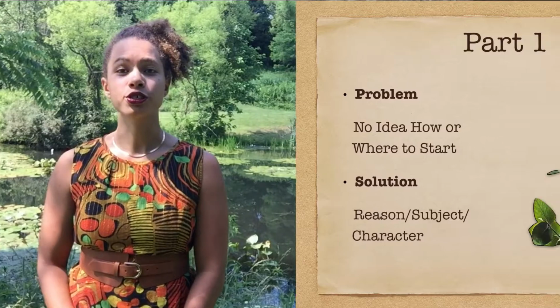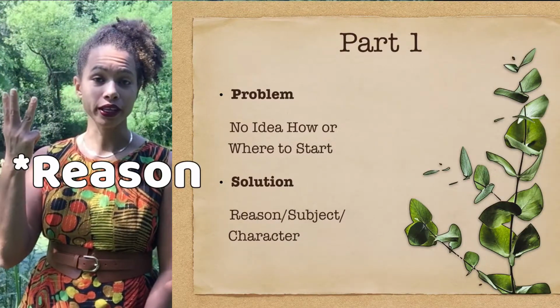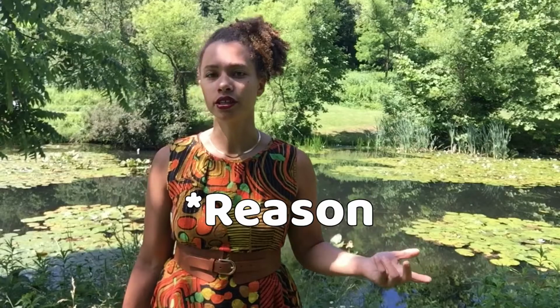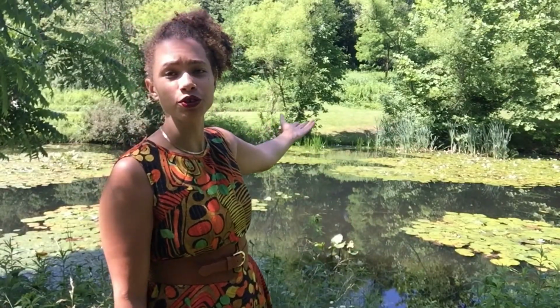How do we begin? The first thing you can do is pick a subject, a person, or a character. So how do we go about picking a character, a subject, a person? Well, we're outside in this beautiful nature setting and we're surrounded by leaves and plants.